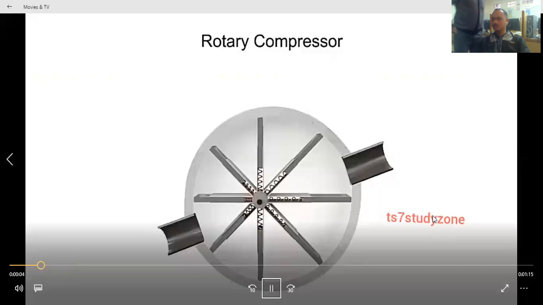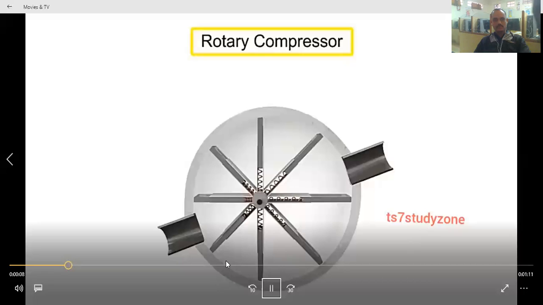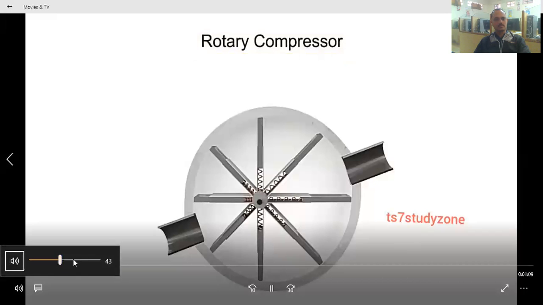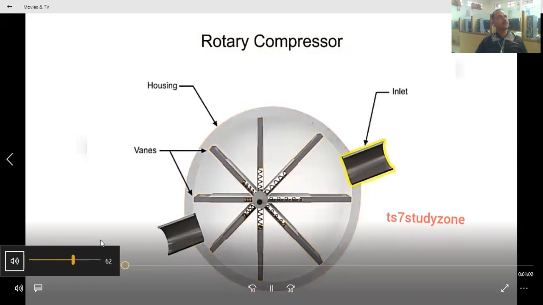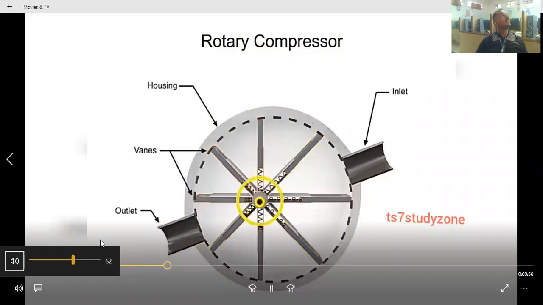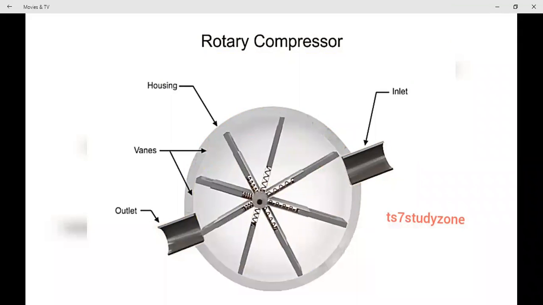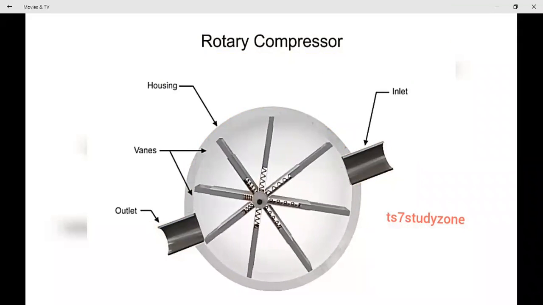Made with vanes or impellers. These types of compressors are called rotary compressors. Rotary compressors typically consist of a cylindrical housing with adjustable rotary vanes, an inlet, and an outlet. The vanes are on an off-center drive shaft. As the shaft rotates, the vanes slide in and out to maintain contact with the cylindrical compressor wall.